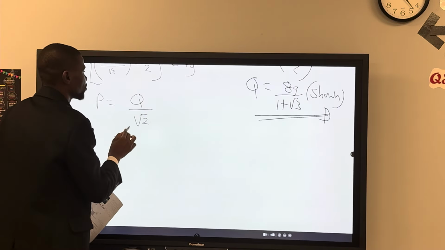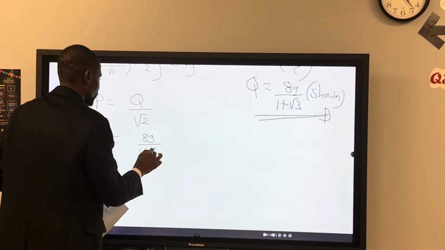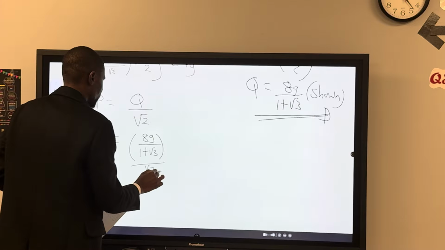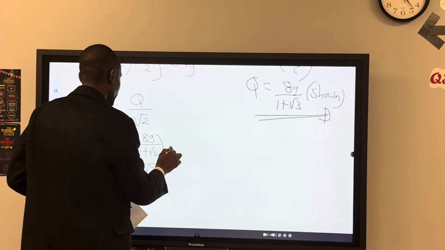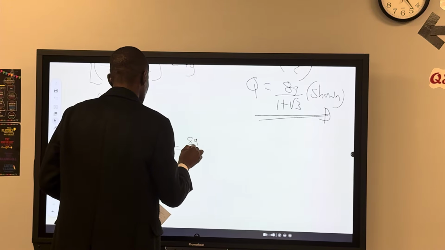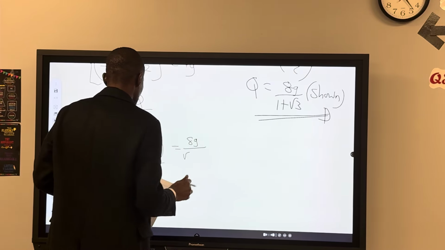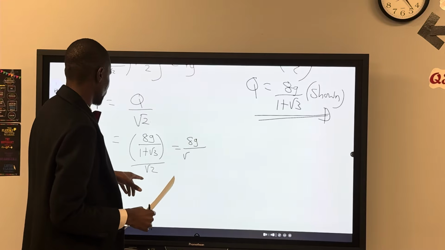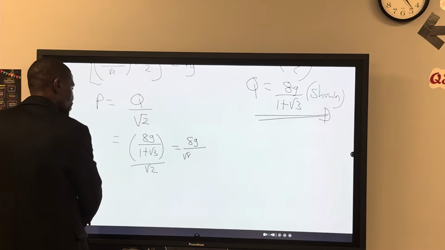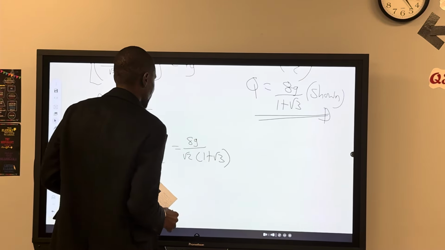So it is equal to Q, which is 8G over 1 plus root 3, divided by square root of 2. So if I keep change flip, it is going to be 8G over root 2 times 1 plus root 3, right?